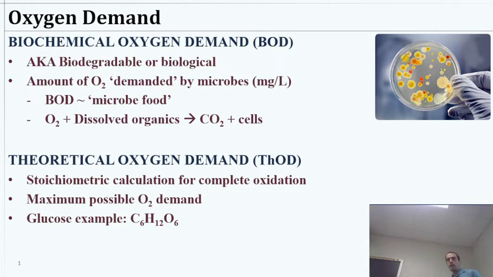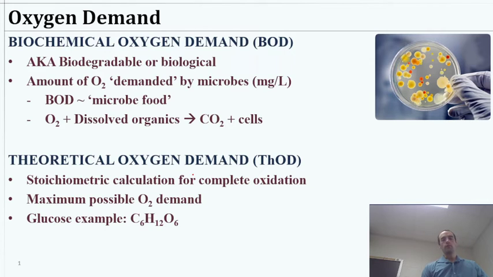We also have a concept called theoretical oxygen demand. That's the theoretical maximum amount of oxygen that a particular molecule can consume. So we can use theoretical oxygen demand to calculate the absolute maximum oxygen that could be consumed by oxidizing some compound.